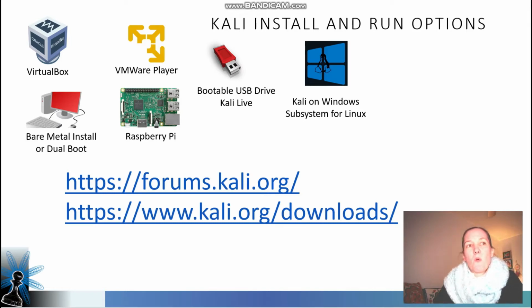OVA stands for Open Virtual Appliance. You can use a Kali OVA file as a virtual appliance and import it into your virtualization software that you'll be using on your host operating system.